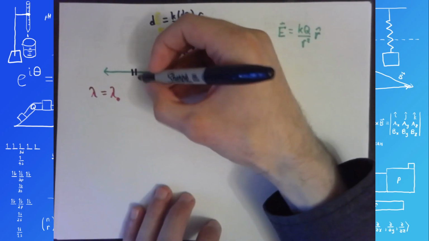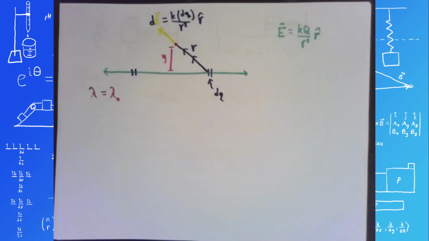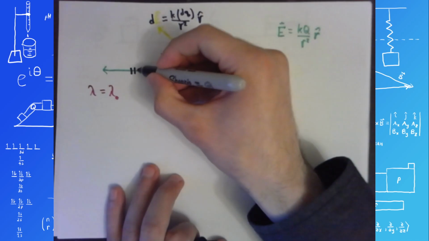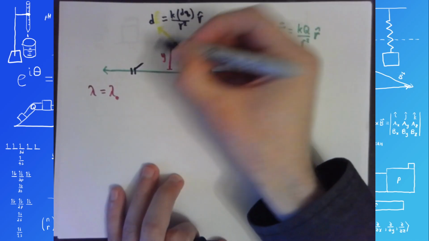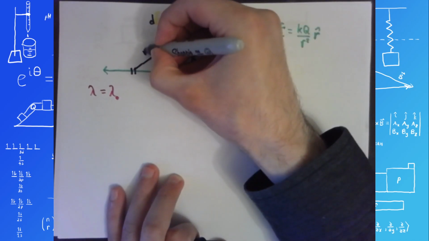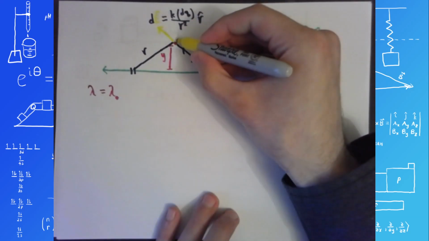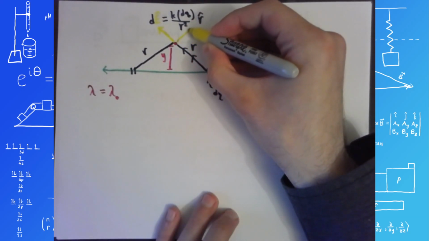So I could have another bit of charge over here, also equal to dq, and that would generate another electric field of the same magnitude, because it would be the same distance r away from our point of interest. So that would also be r. And it would generate an electric field pointing that way.